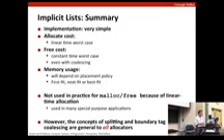Okay, so here's a summary then of implicit lists. This is a very simple kind of allocator. The cost to allocate is linear in the size of the heap, worst case. The cost of free is constant time, even with coalescing. Memory usage will depend on the placement policy, right?